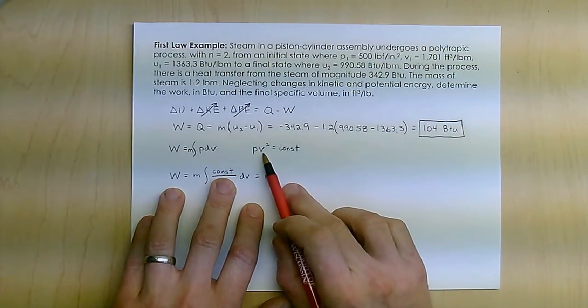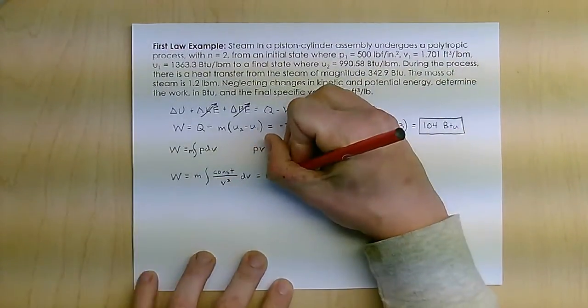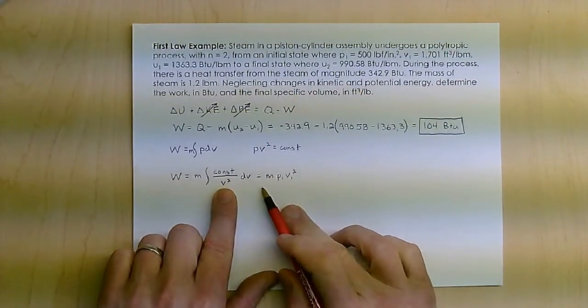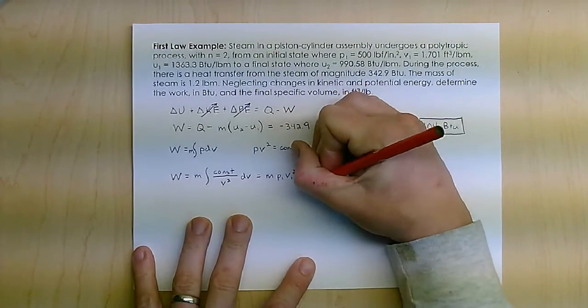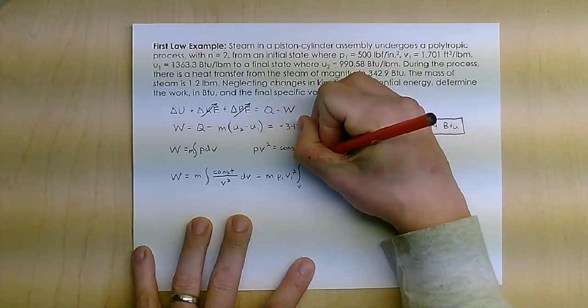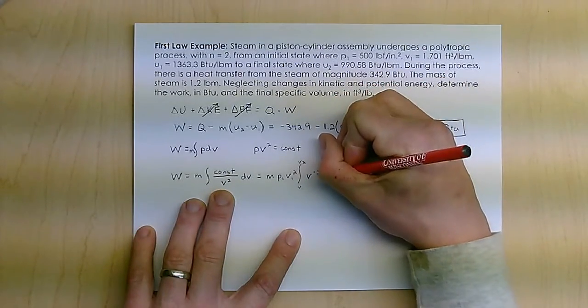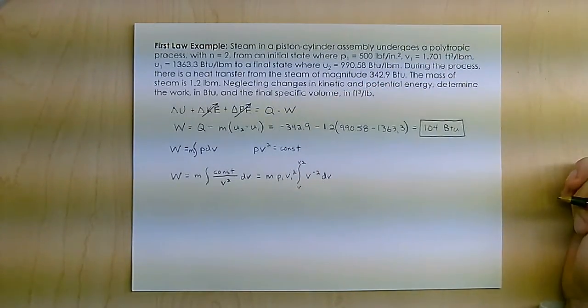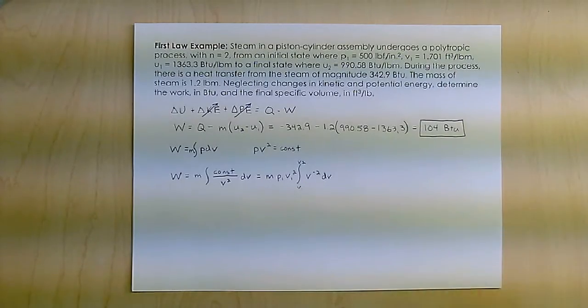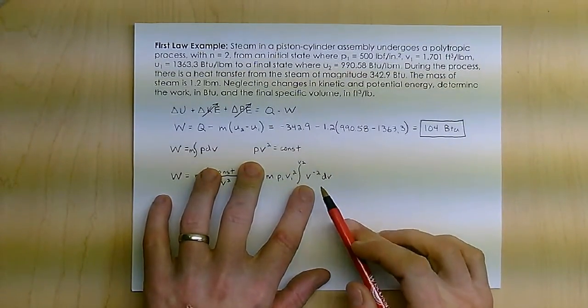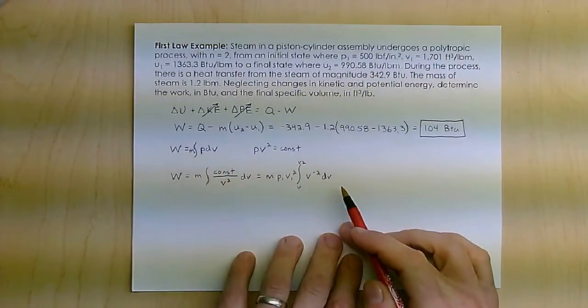So I'll use P1 V1 squared because I know those two values. That's going to be times the integral from V1 to V2 of V to the negative 2 dV. Now I can go ahead and do that integral. The integral of V to the negative 2 is going to be negative V to the negative 1.